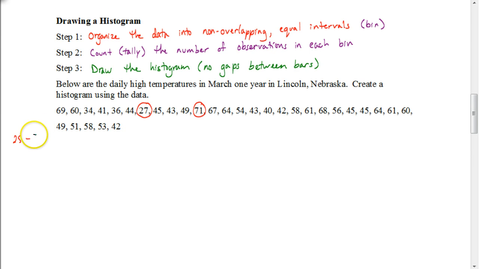So it's going to go from 25 to 29 in that first bin. For some reason the edge of my tablet's not working, so let me move over a little bit. So we have 25 to 29 as our first bin. From 30 to 34 would be our second bin. And then 35 to 39 would be our other bin, and I'm going to keep going here.